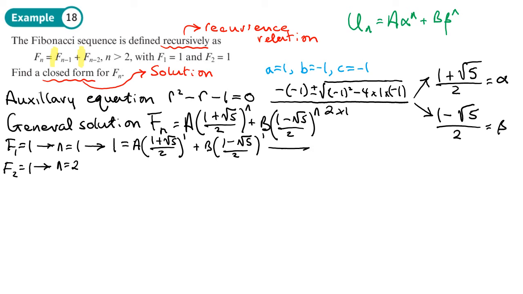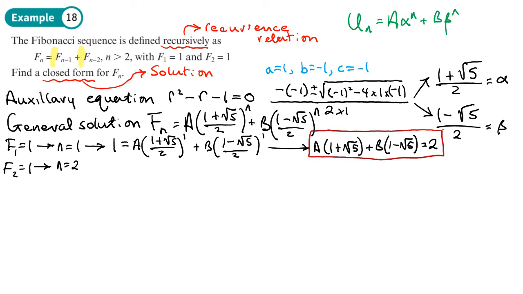So let's see if we can simplify that. Well, we can multiply both sides by 2 and we'll get a times 1 plus root 5 plus b times 1 minus root 5 equals 2. So I'll just highlight this. This will be our first equation.